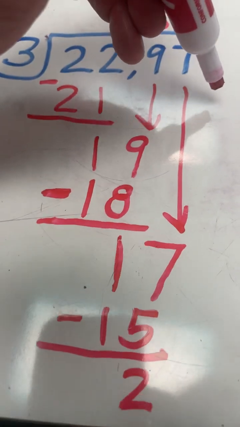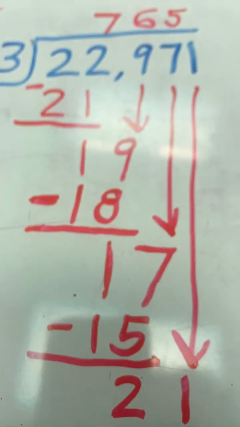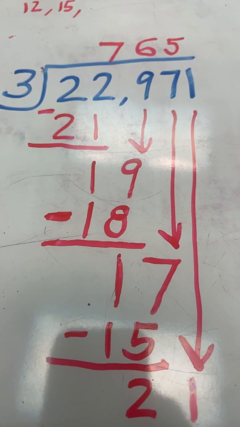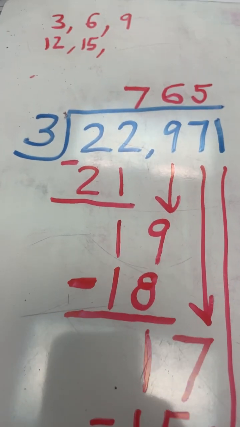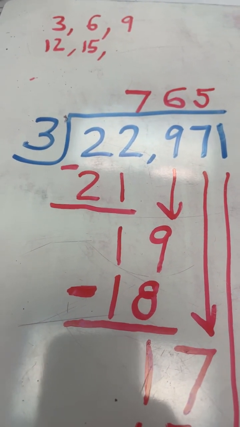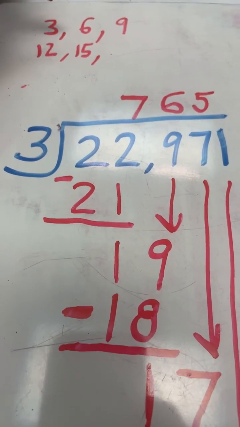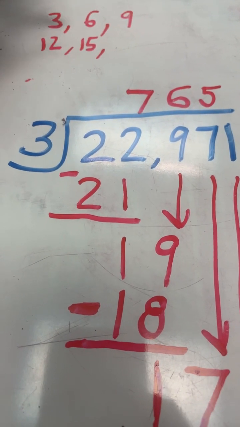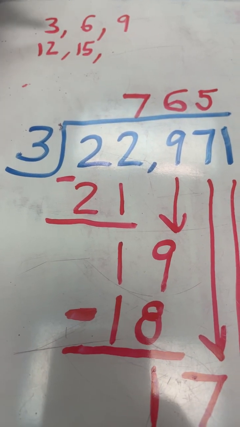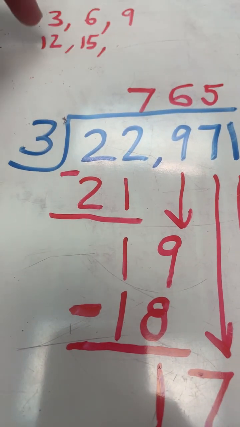We're going to bring that last number down, we're going to bring the 1 down, and that 2 is going to become a 21. So again, I could erase and start from 3 and skip count by 3s all over again, but that would be kind of redundant. I can leave it as is. 3, 6, 9, 12, 15.